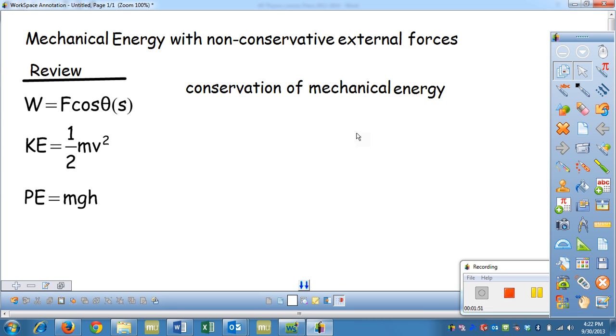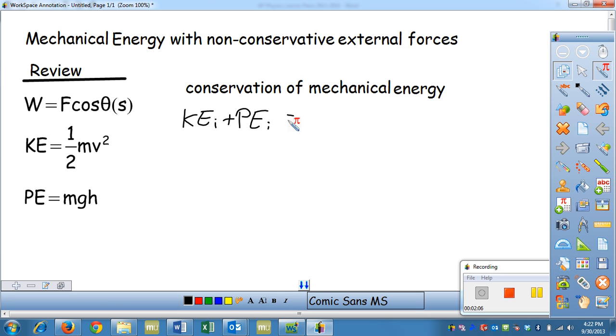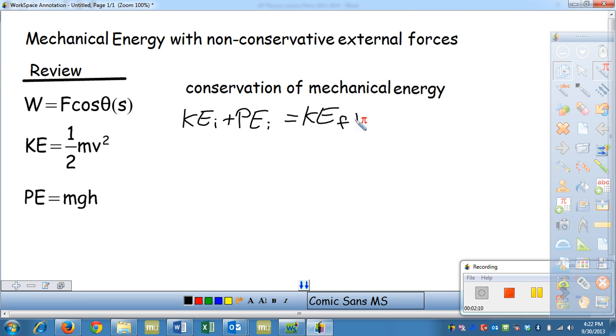So mechanical energy is basically kinetic energy and potential energy. So we have conserved the sum of kinetic energy and potential energy. That means that kinetic energy initial plus potential energy initial equals kinetic energy final plus potential energy final.